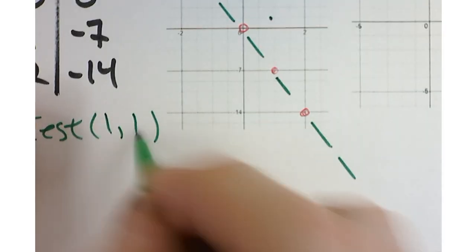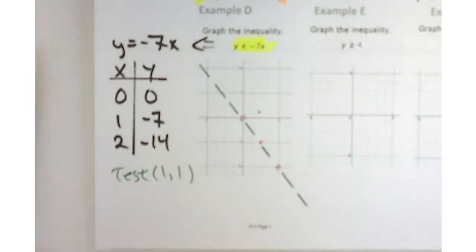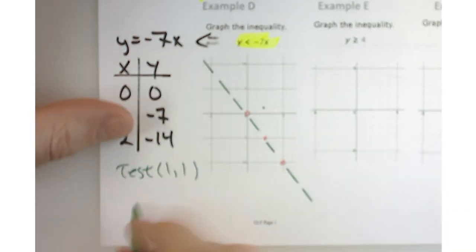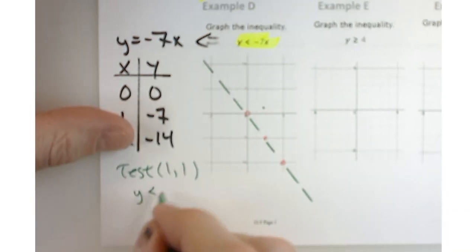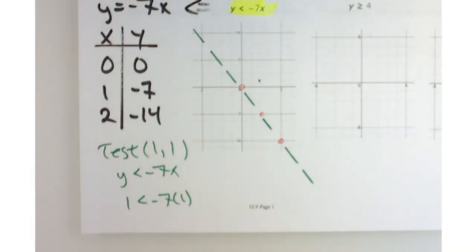So test 1, 1. Now I'm going to test that in the inequality that we have up here. y is less than negative 7x. 1 is less than negative 7 times 1. True or false? False.